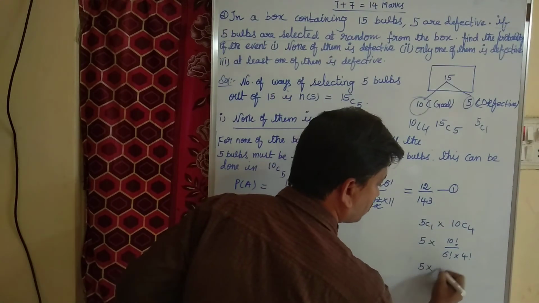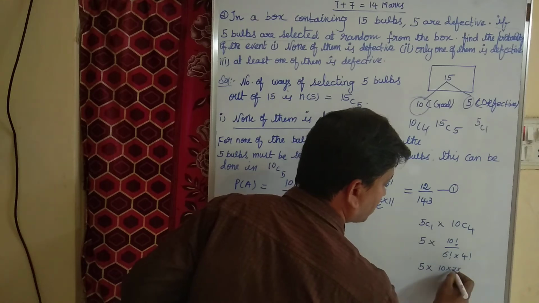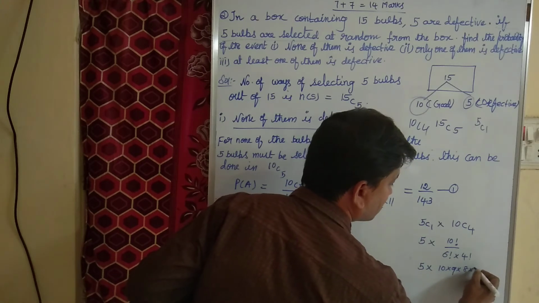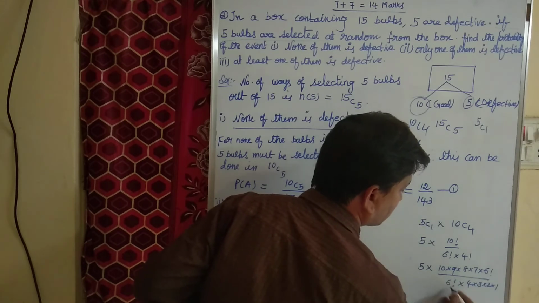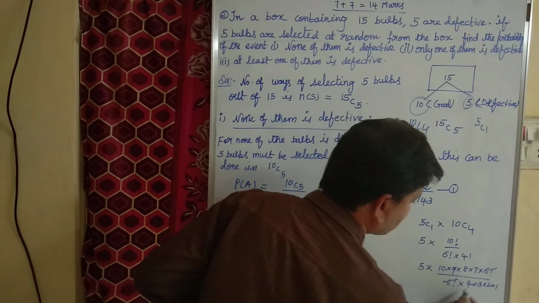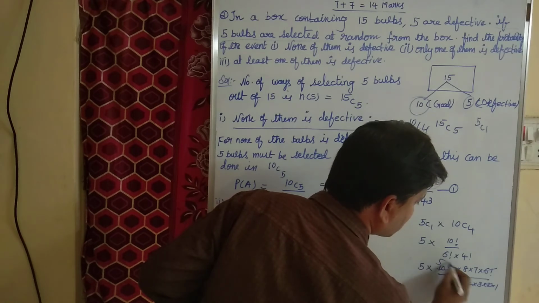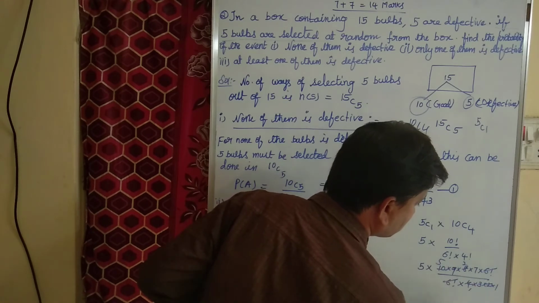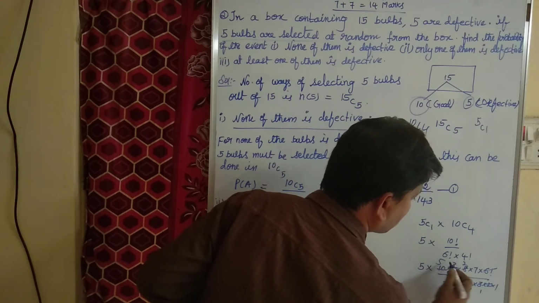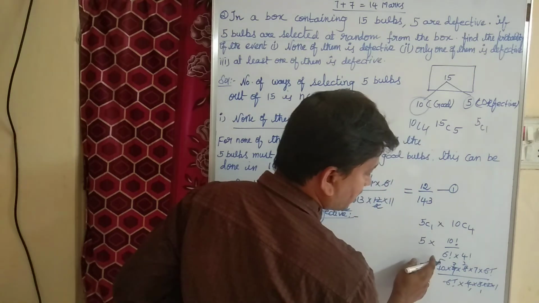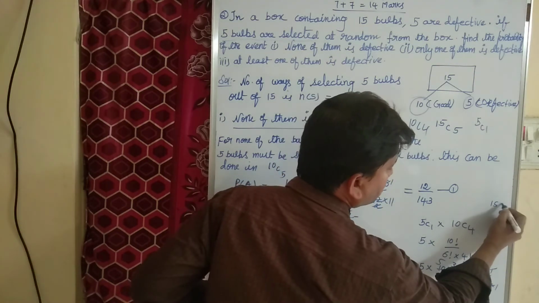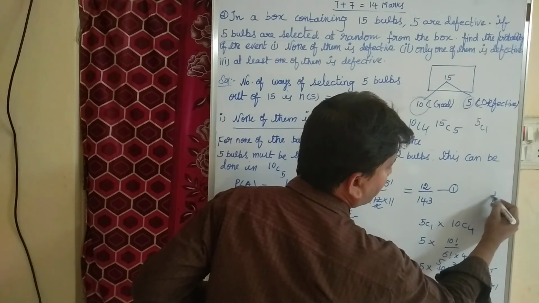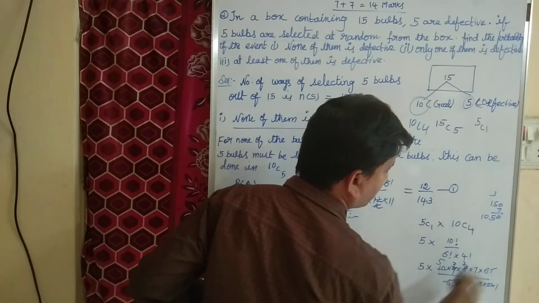So 5 into 10 into 9 into 8 into 7 into 6 factorial by 6 factorial into 4 into 3 into 2 into 1. 6 factorial gets cancelled. Then 2 1s, 2 5s, 4 1s, 4 2s, 3 1s, 3 3s, 5 3s, 5 5s are 25, 25 3s are 75, 75 2s are 150, 150 into 7 is 1050.